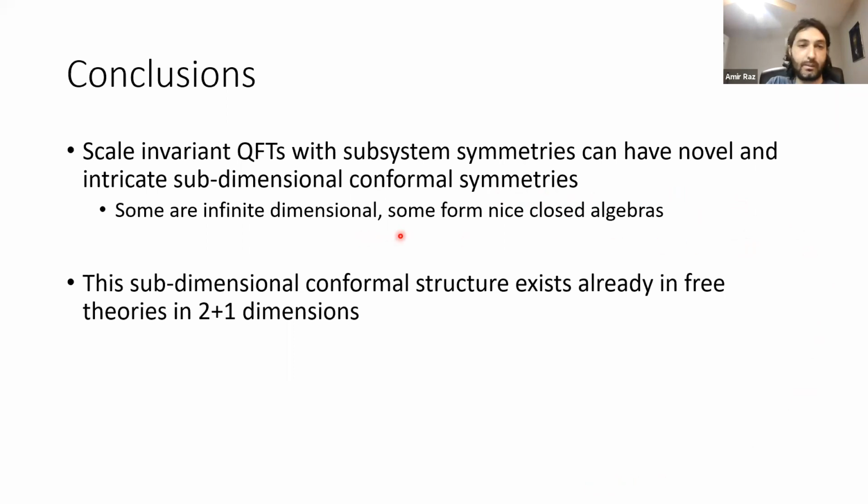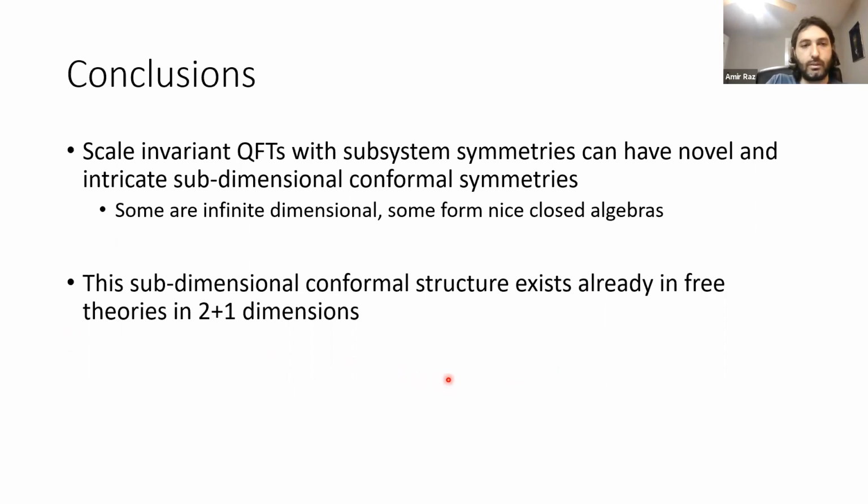In some cases they form nicer closed algebras that maybe we can understand, and in other cases they don't form any sensible algebra, and they just generate more and more operators, so maybe they constrain the theory even more. And this already exists in free theories in 2+1 dimensions.